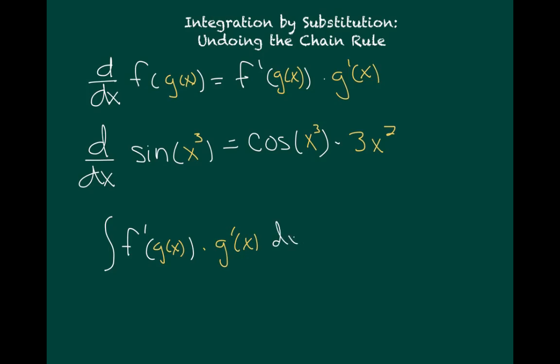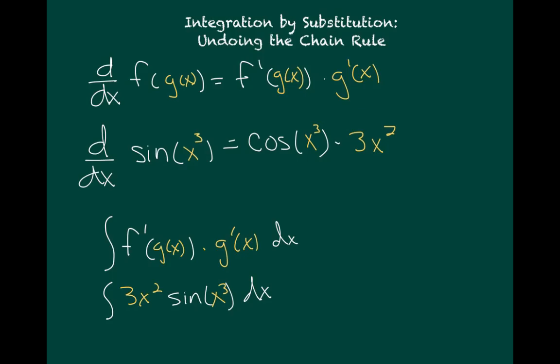So an example of that, of course, would be the integral of 3x squared sine x cubed. And once again, you can see a function inside of another function, so x cubed is inside of sine, and the derivative of that inside function is outside.